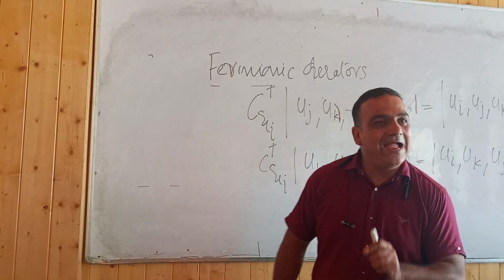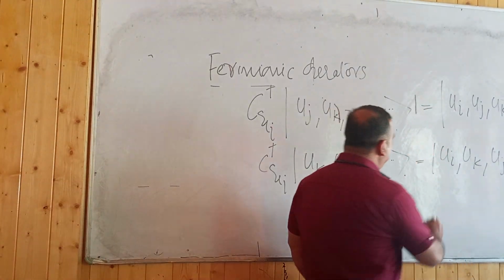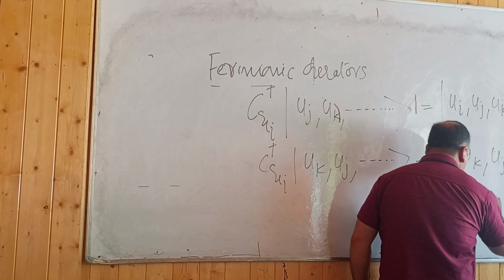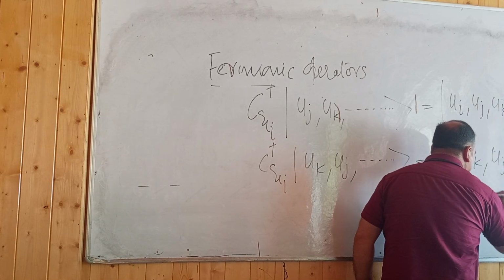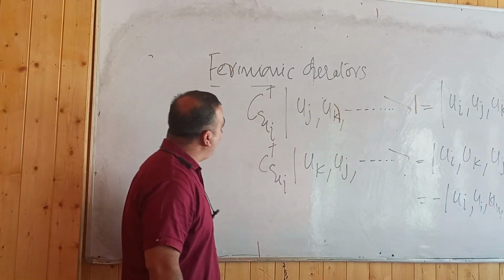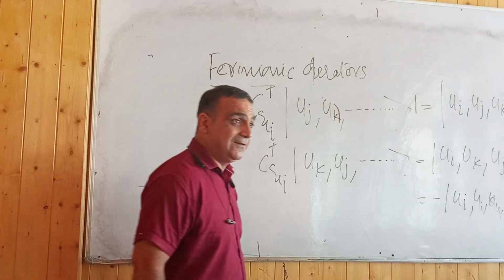But what should I keep in mind? I have to introduce the negative sign. So here I will have minus Ui, Uj and Uk. So you can see, if you correlate these two systems, they are not equal.